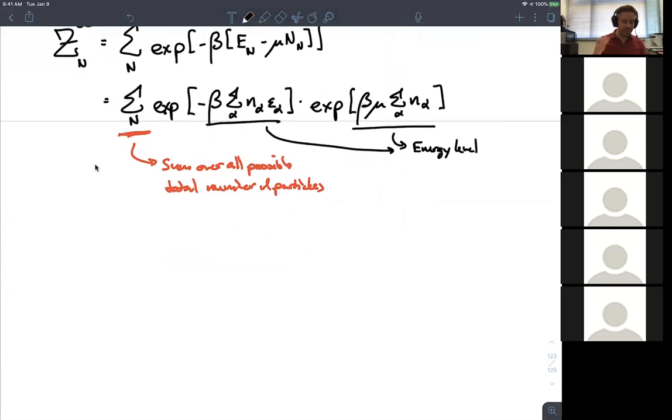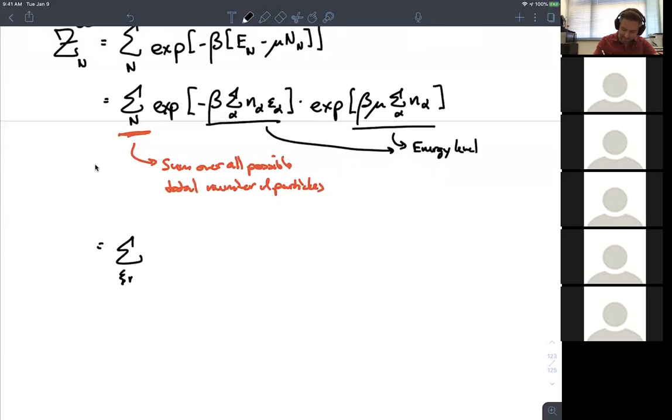All right, so now it turns out that this is the same thing. Again, you can write this out and prove it to yourself, but this is the same thing as this.